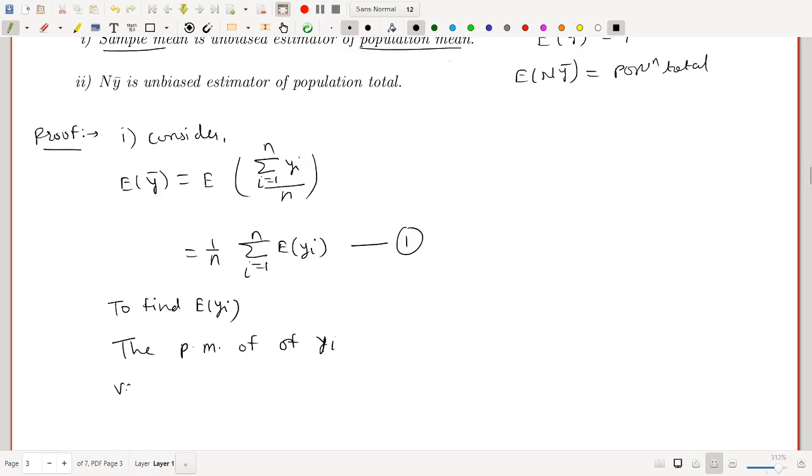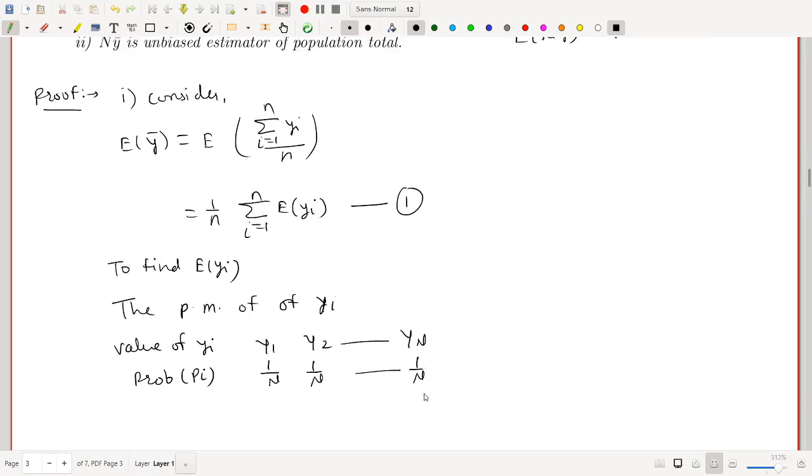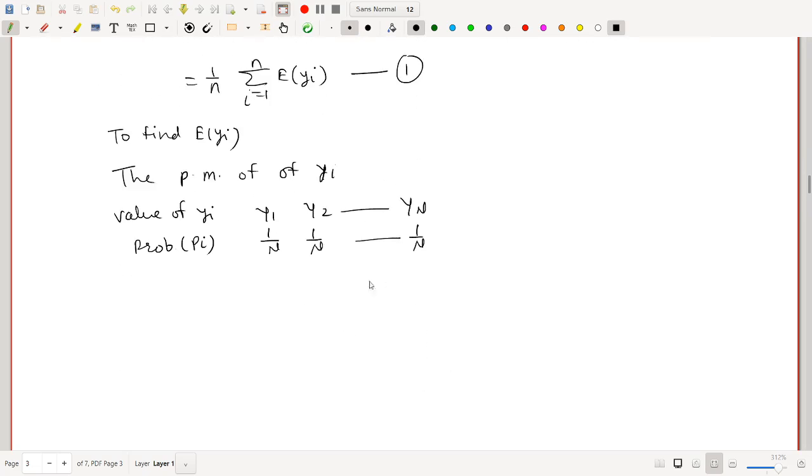The PMF of yi will be like this: value of yi and its probability, pi. So yi will take any value between y1, y2 up to yn with probability 1 upon n, 1 upon n up to 1 upon n. Now if PMF is given, you know how to find expectation.